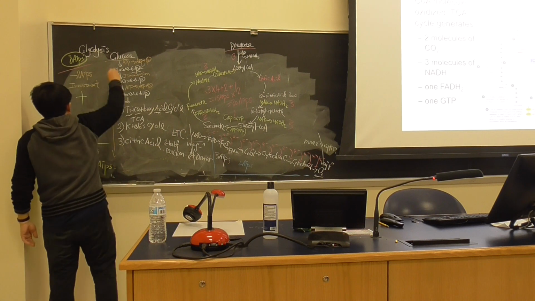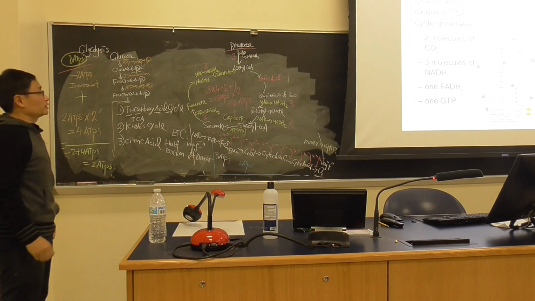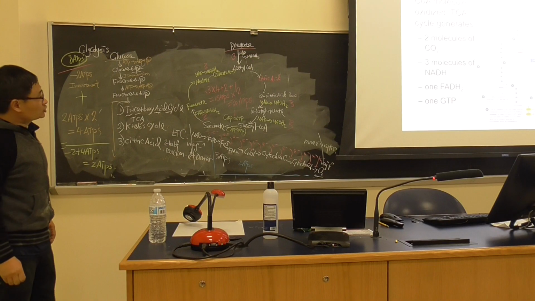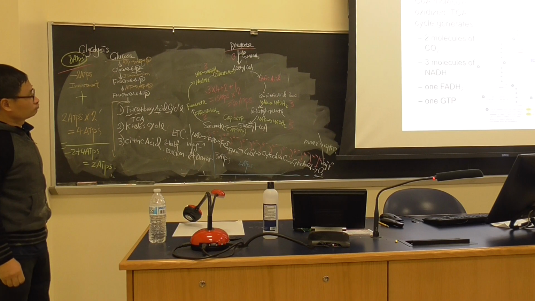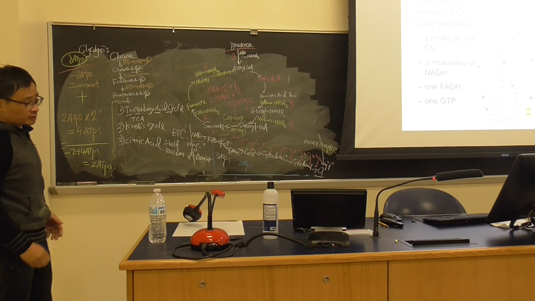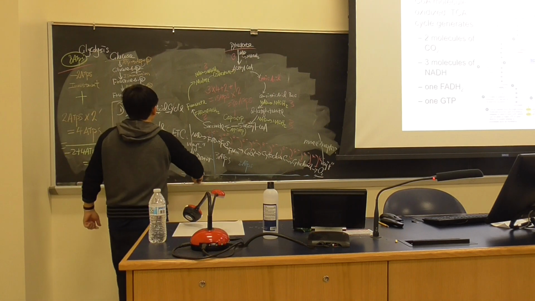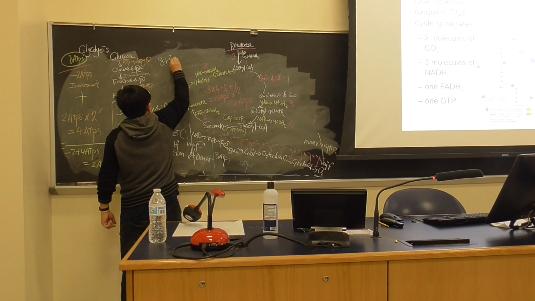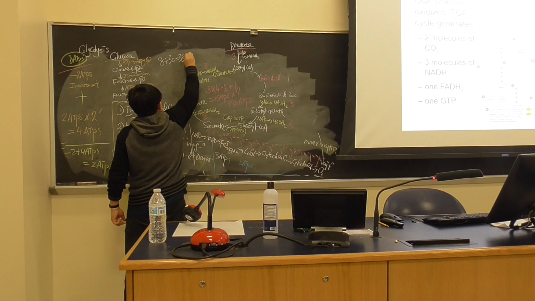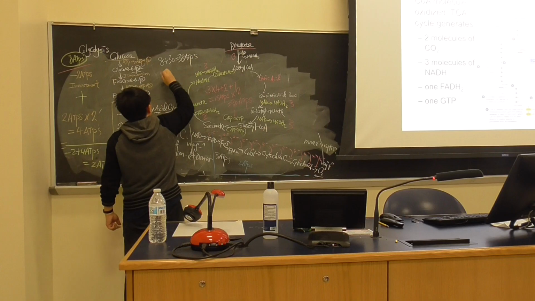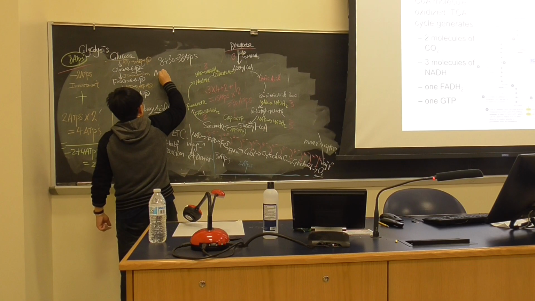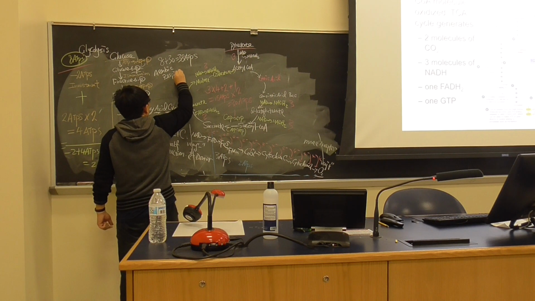Okay, we already talked about 8 ATPs going through glycolysis and 30 ATPs going through the citric acid cycle. So how many total ATPs are created during aerobic respiration? 38. That is complete aerobic respiration.